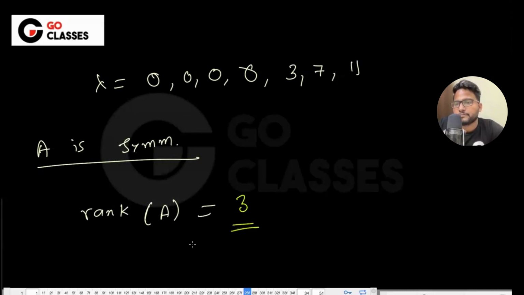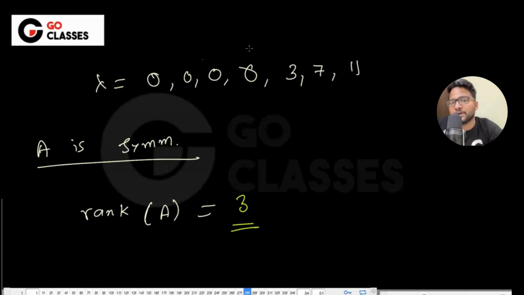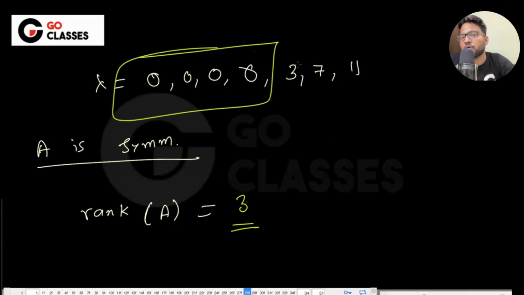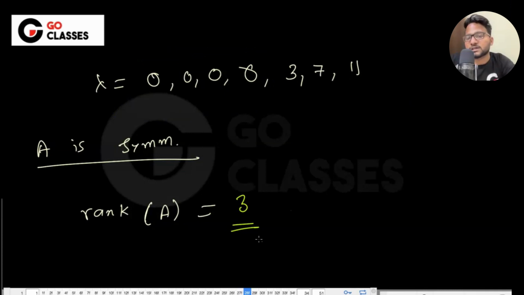Three. Why? Because rank of A will be total minus how many times zeros are repeating, because it is telling me the number of free variables, right? Every zero is telling me the number of free variables, 1, 2, 3, 4, because every zero is telling me the number of linearly independent eigenvectors corresponding to lambda equal to 0, right? So the number of free variables is 4. So the number of pivot columns is 3 only. So this is the number of non-zero eigenvalues.